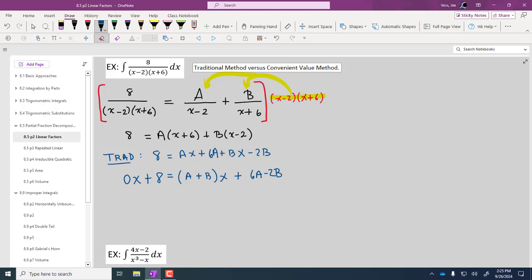If we have something like ax cubed plus bx squared plus cx plus d equals 4x cubed minus 2x squared plus x minus 3, what does A have to be? 0.